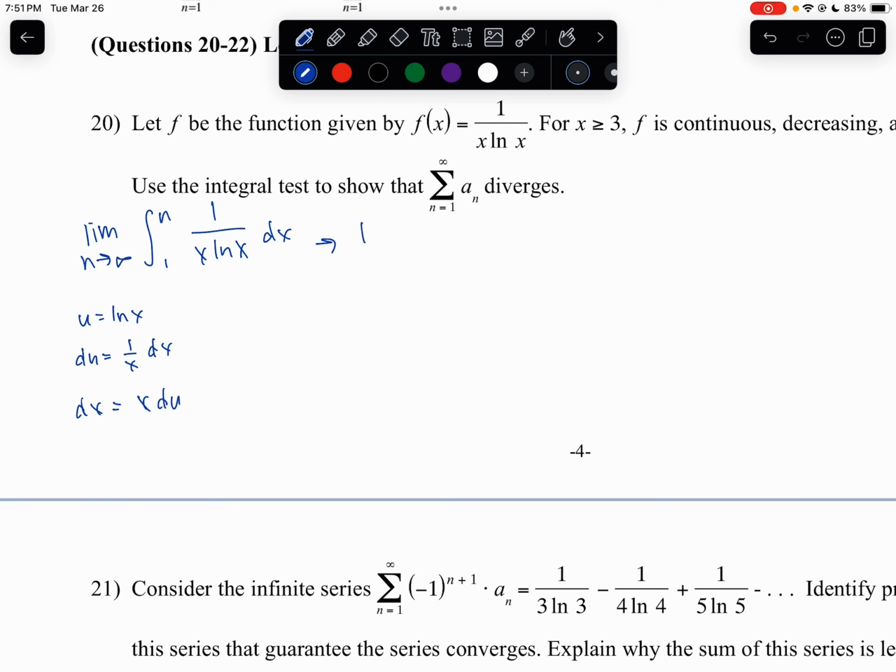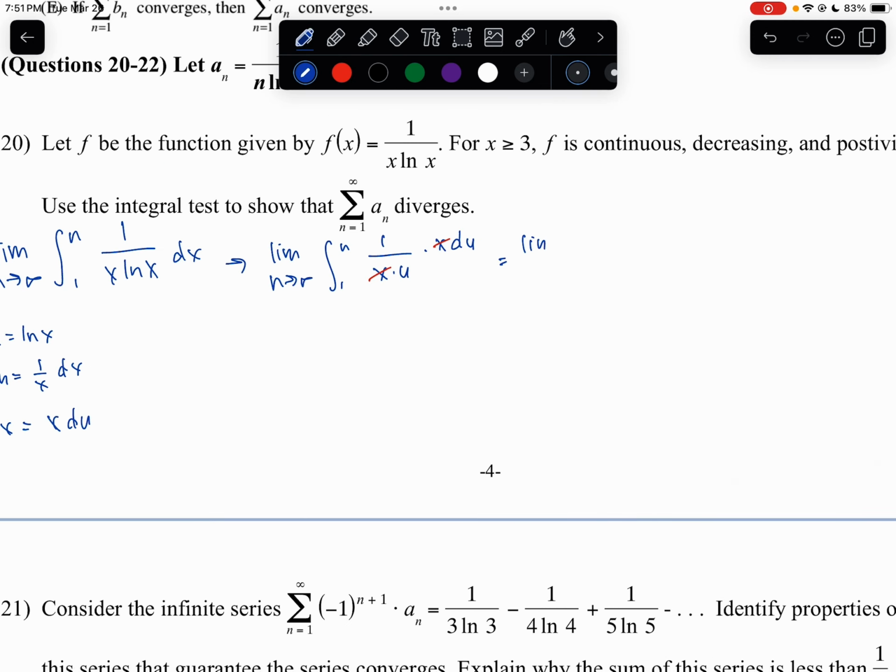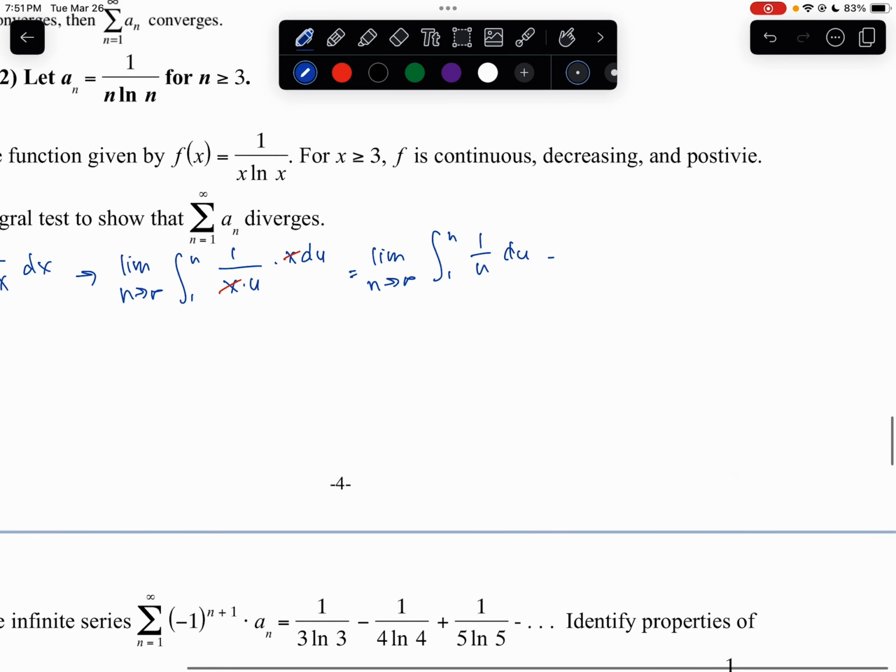Then I'll have the limit of the integral from 1 to n of 1 over x times u times x du. Those are going to cancel. So I get the limit of the integral from 1 to n of 1 over u du.